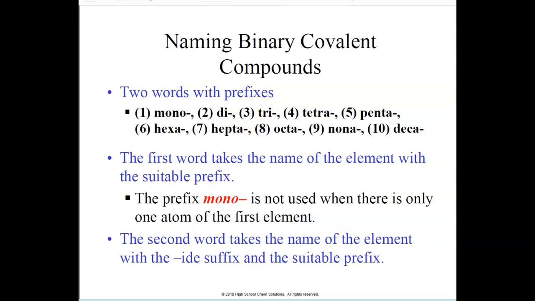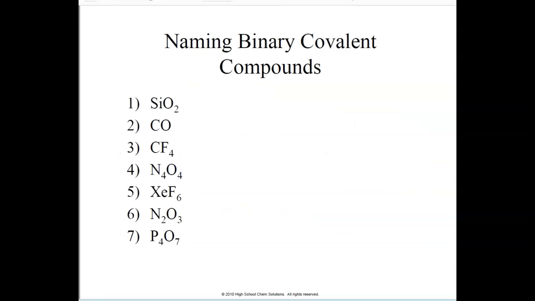So we have to differentiate them by using these prefixes. For example, if I have one carbon, I might use mono in front of it. If I have two, I might use di or tri. It depends upon the chemical compound. So I think the best thing to do is just jump right in and look at some examples, because there are some exceptions to rules, and I'll talk about those as we go along.